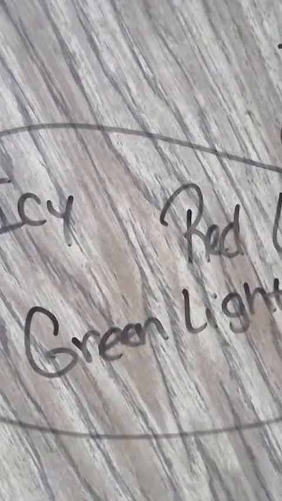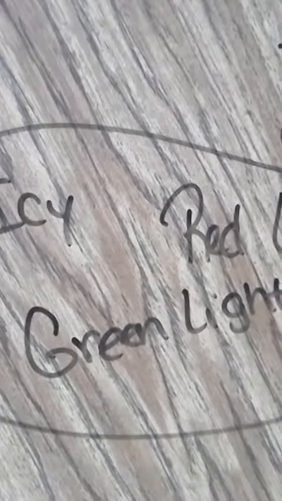And cola is conductors. So can energy go through conductors? You bet it can. So icy red light, green light, cola. Ooh, I like that. We should make a drink.